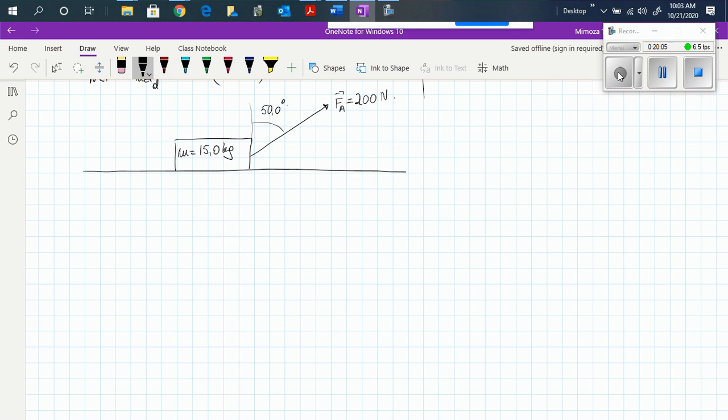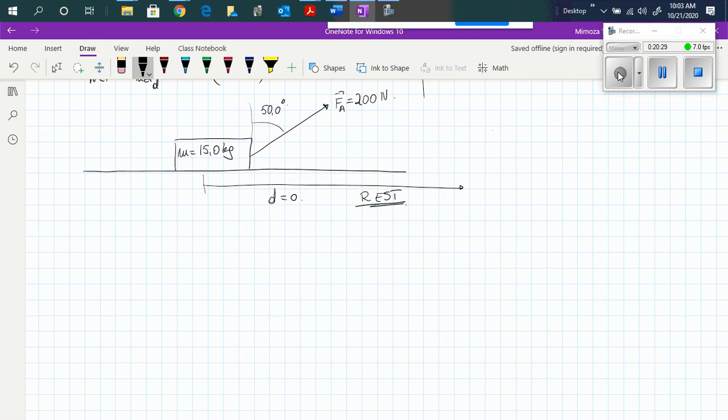Let's say that the object is not moving, so displacement is equal to 0. Even though we apply this force, the object is still at rest.